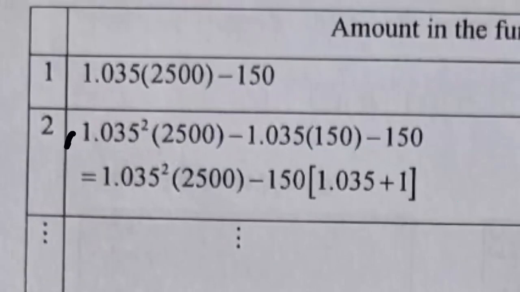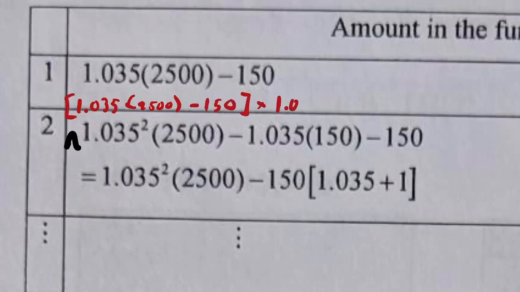If I can just squeeze in over here, one extra line of working would be the following: 1.035 bracket 2500 minus 150. That's just the amount from the end of the first year. You multiply by 1.035 to get the total amount after accounting for interest, but you give out the bursary, so minus 150. Is it clear?